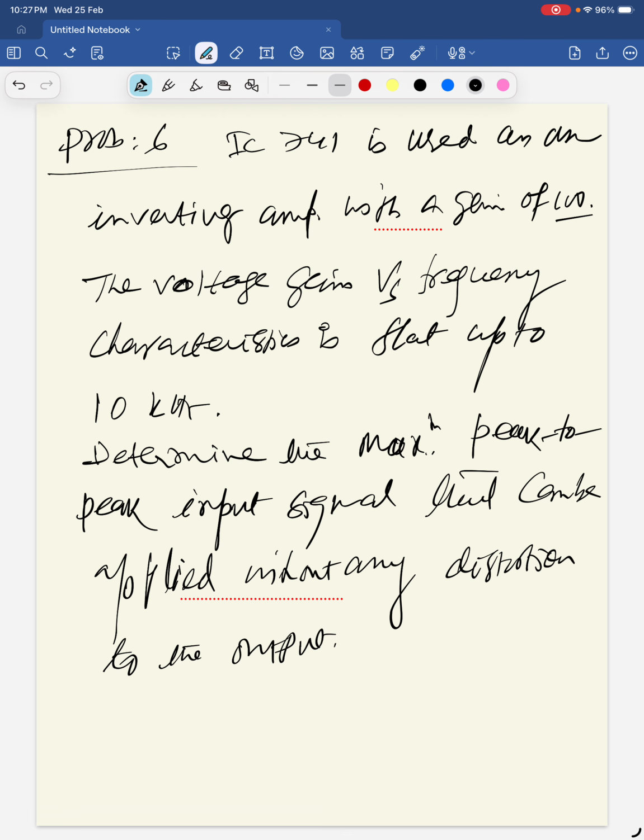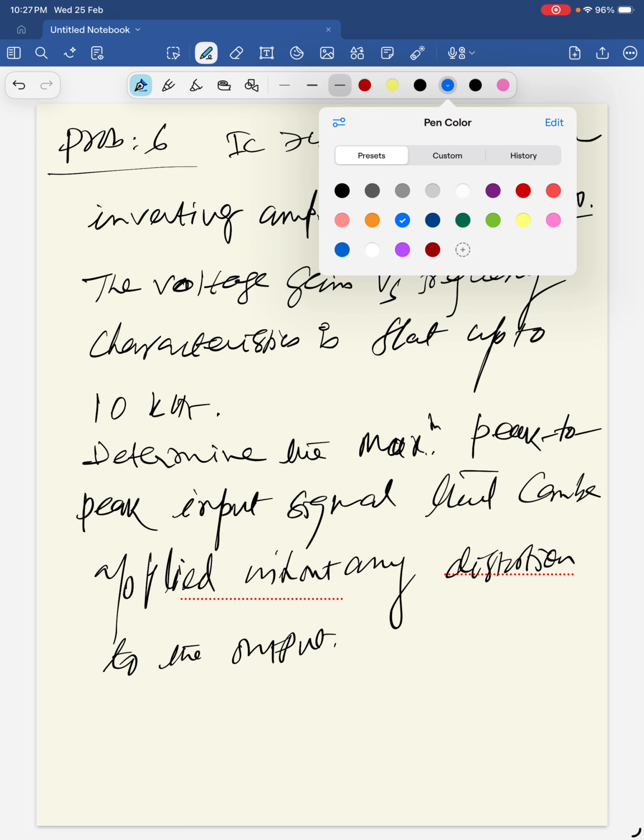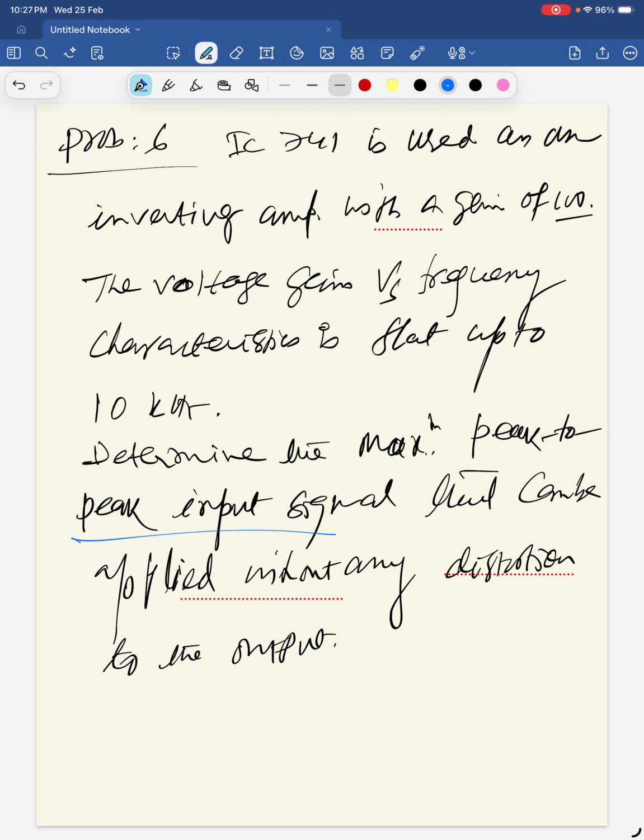So we are finding the limitation of the input voltage swing, the peak to peak input voltage. So the maximum input voltage swing we can apply.